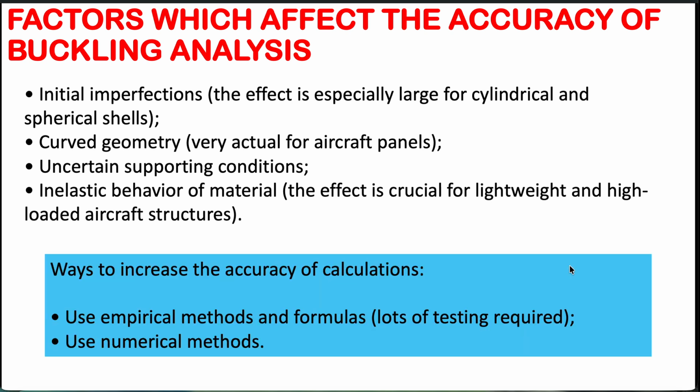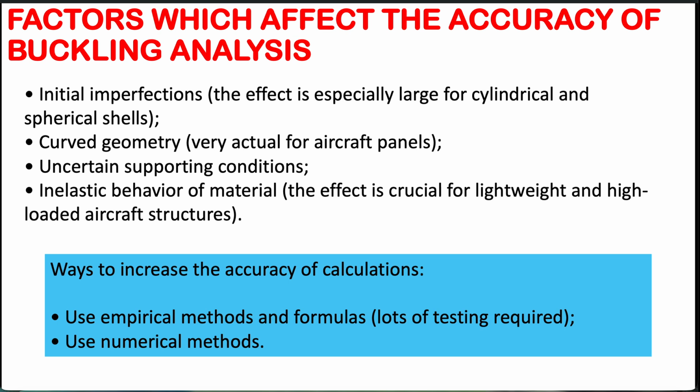So we essentially have two different methods. We can use empirical methods that are derived from testing and experimentation. The problem with the empirical methods is that they are only applicable to a specific scenario, because you have derived the empirical equation for those specific scenarios. And we can also use the numerical tools that we have at our disposal.